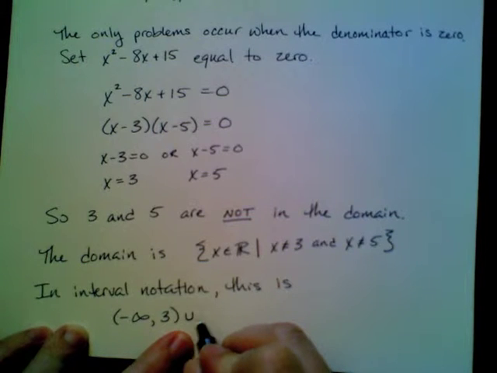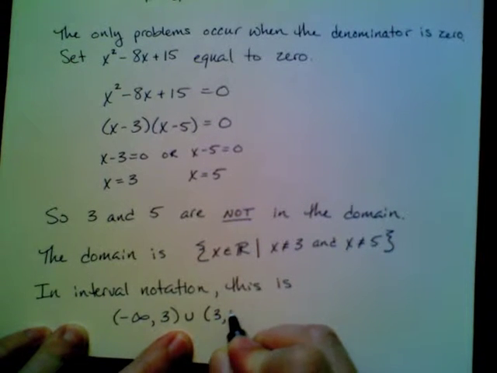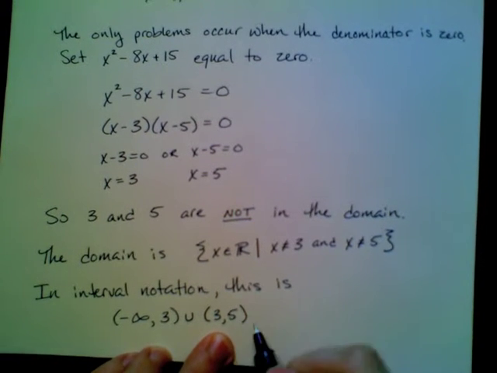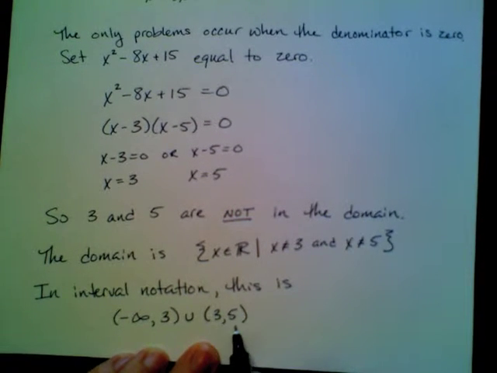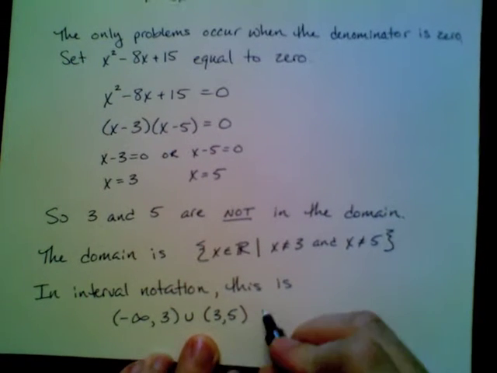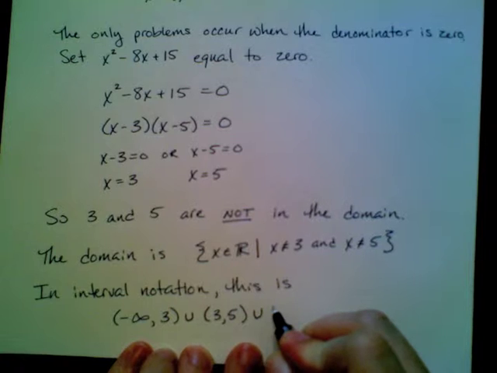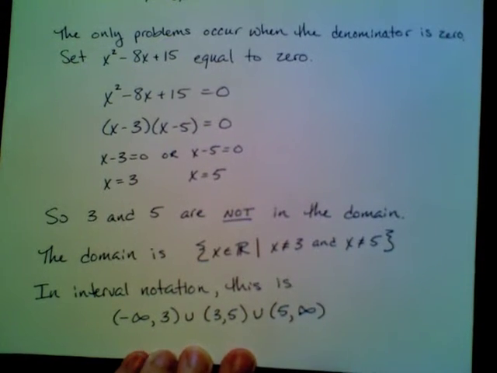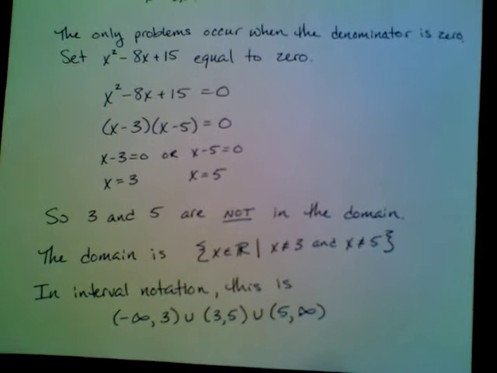And then I'm going to union that. My next problem spot is 5. Everything in between 3 and 5 is included. Notice that I'm using parentheses to mark the ends of my interval because these are not included in the domain. And then everything to the right of 5 is included. So that's 5 to infinity. So there's the domain of our first function.